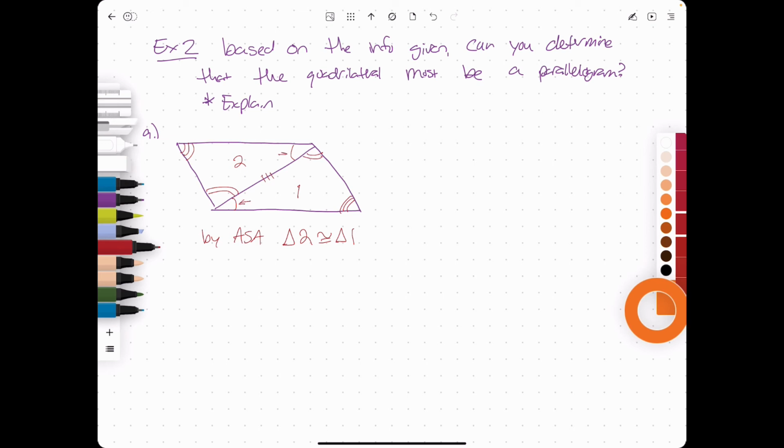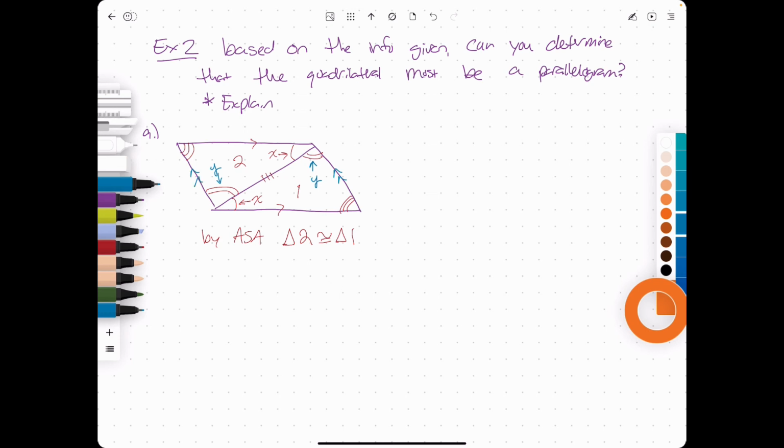That one is congruent to that one, so let's call it X. You could say that angle there is also X. So you could say this is parallel because of alternate interior angles. And then if this is Y, then this is also Y because they're congruent. Therefore, you have alternate interior angles and therefore you have parallel.